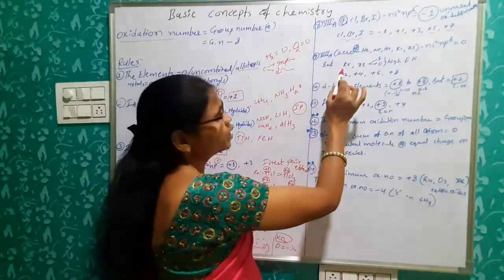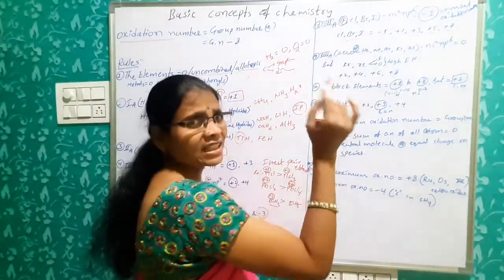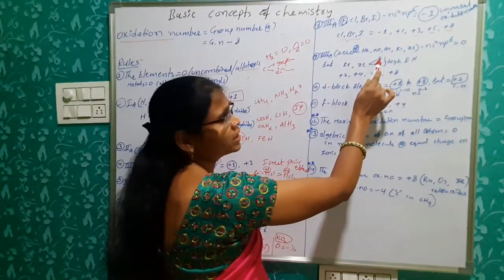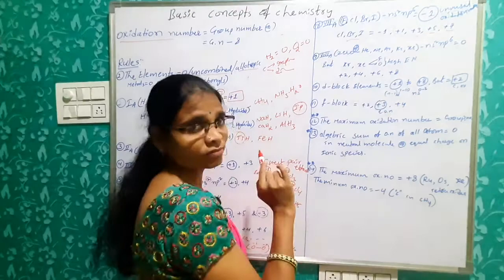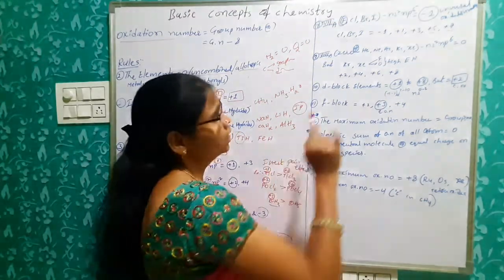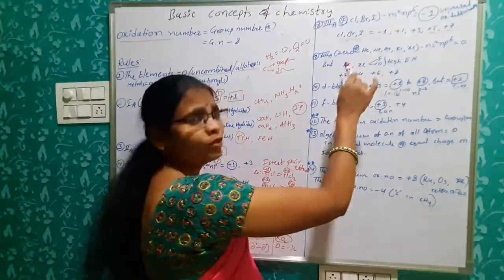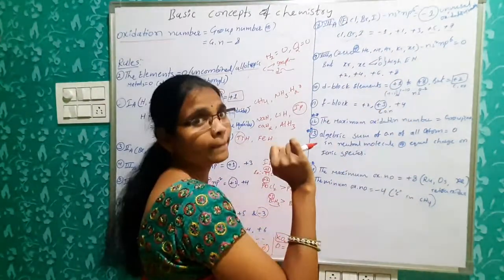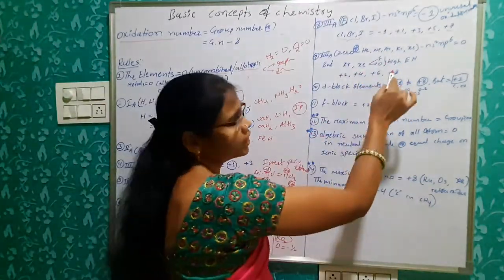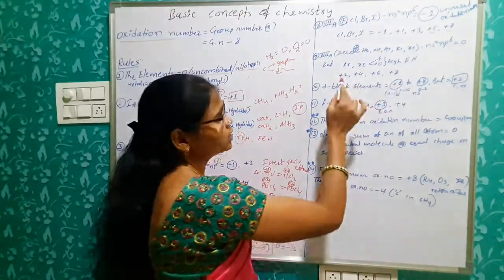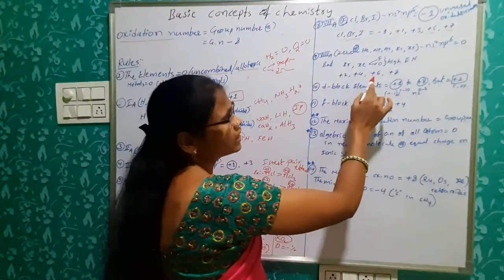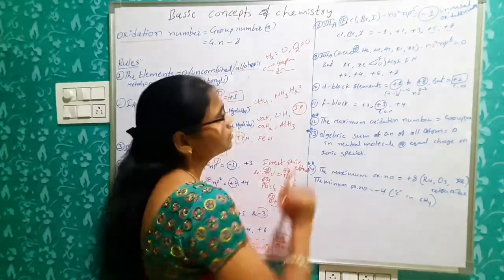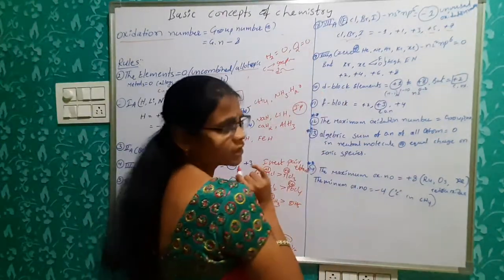But krypton and xenon, in drastic conditions, react with highly electronegative elements, fluorine and oxygen. That's why they form fluorides, oxides and oxyfluorides. During the formation of those compounds they show plus 2, plus 4, plus 6, plus 8 oxidation numbers.